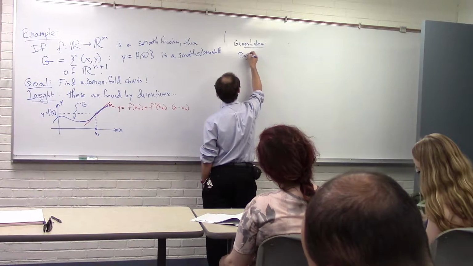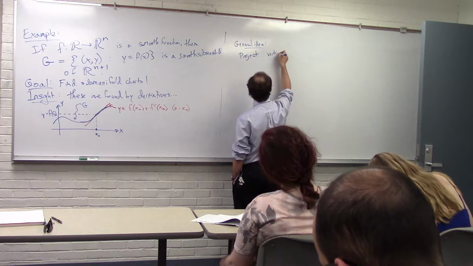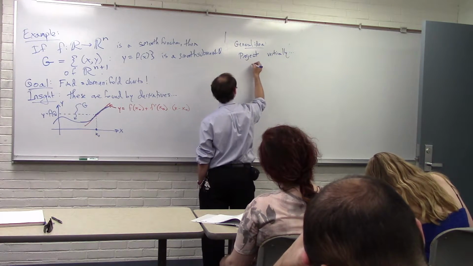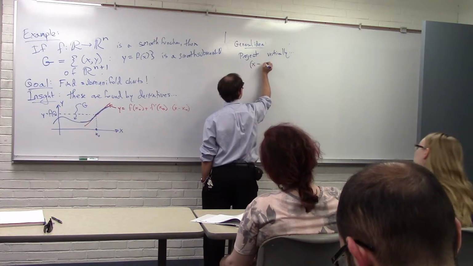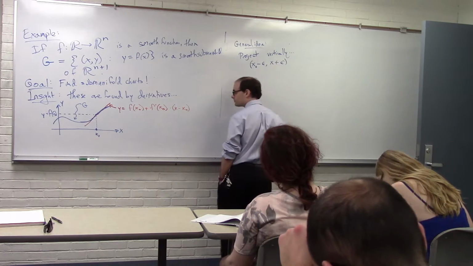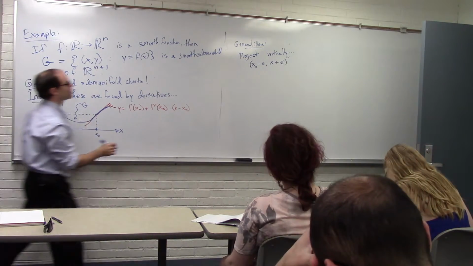Is project vertically. So let's say I have x0 minus epsilon, x0 plus epsilon.